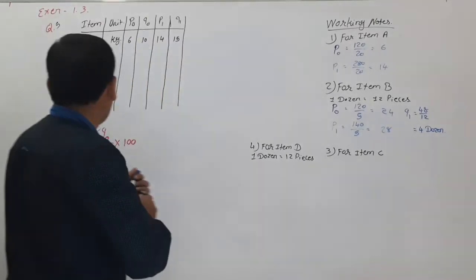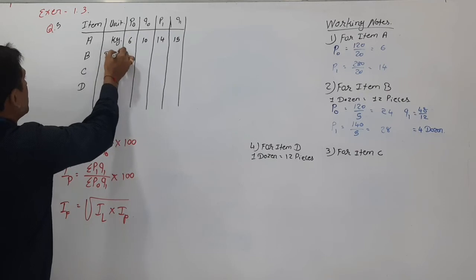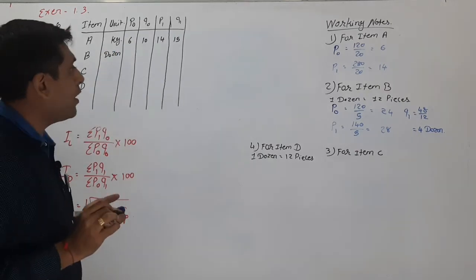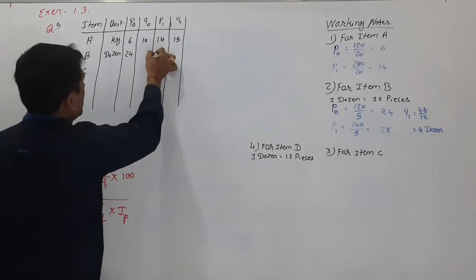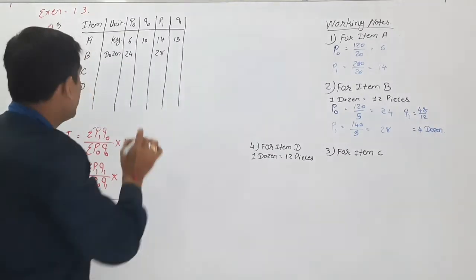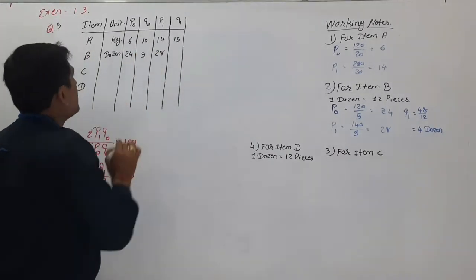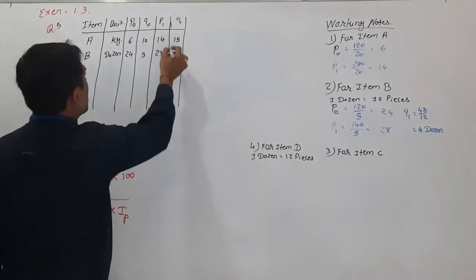Now I am writing here dozen as it is, no change. Price per dozen is 24 in the base year, 28 in the current year. Quantity is 3 dozen in the base year and 4 dozen we found in the current year.